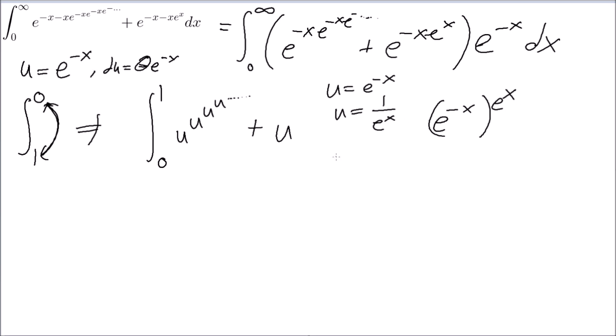So e to the x is equal to 1 over u. So this is u to the power of 1 over u, and then e to the negative x, which is from our du. So this is our integral.